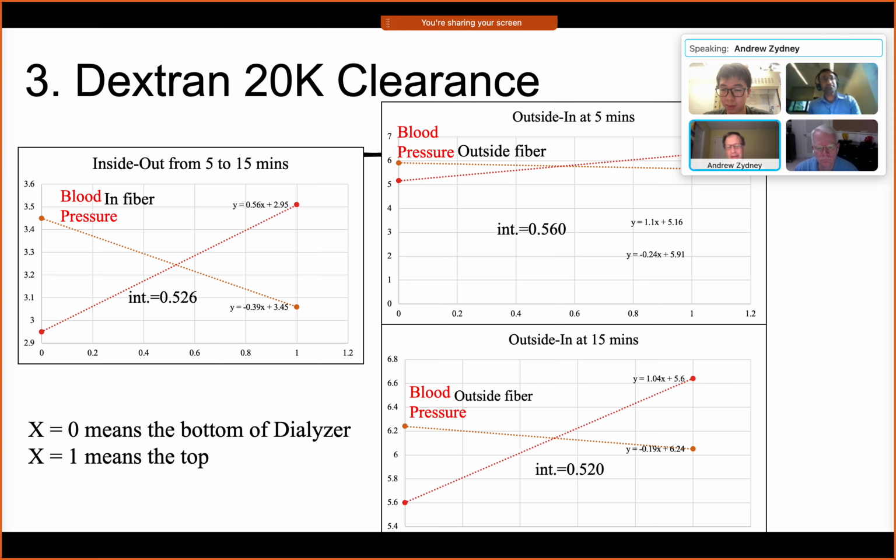And it often doesn't show up at the midpoint, not because it's actually not occurring at the midpoint, but because you're measuring the pressure outside of the device and extrapolating to the pressure inside of the device. And there are pressure drops.